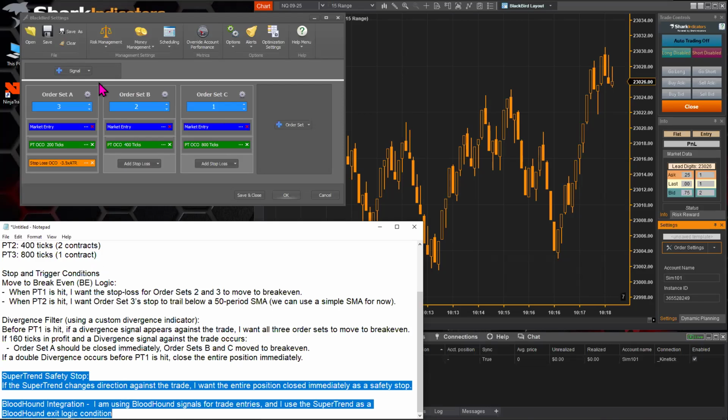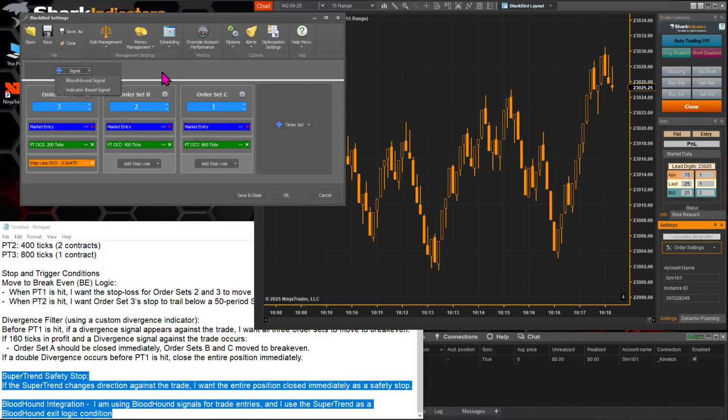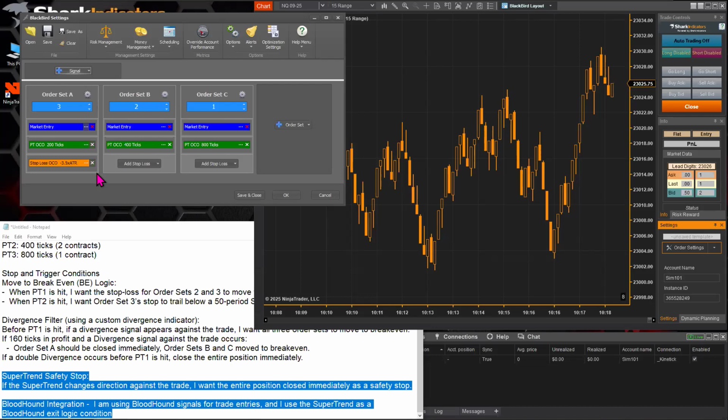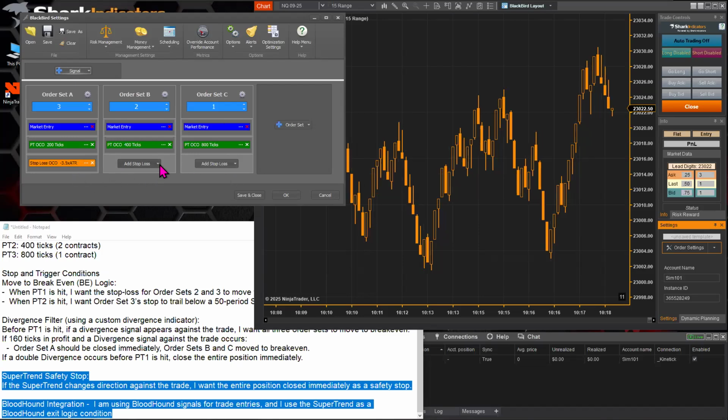That can actually go into the signals, but we'll get back to that. So for now, to wrap up the stop losses, we can make a copy of A. There we have it.